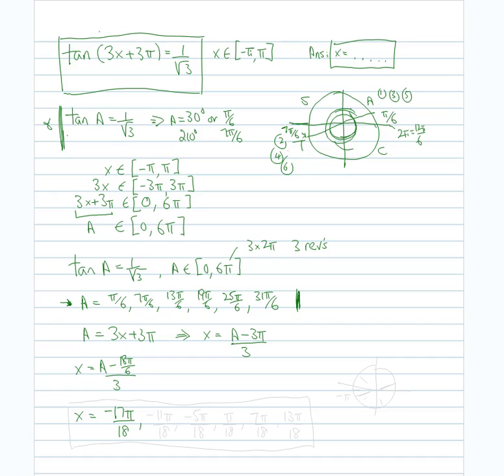This one, 7 minus 18 is minus 11 pi over 18, and so on. 13 minus 18 is minus 5 pi over 18, 19 minus 18 is 1, so pi over 18. 25 minus 18 is 7, and 31 minus 18 is, what's that? 13. Okay, so that's our answer.